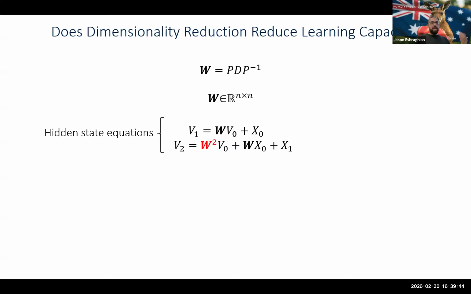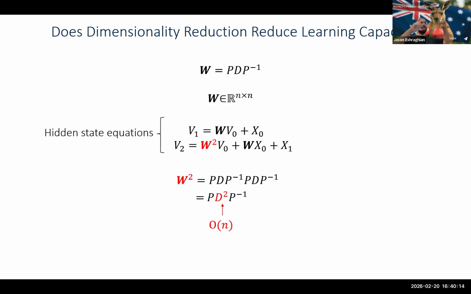If I take W squared, the term that keeps getting raised to a higher power, W cubed, W to the 4, as you increase your time steps, you're going to see PDP inverse times itself. P inverse times P results in an identity. That disappears, and I end up with P D squared times P inverse. What's the cost of multiplying a diagonal matrix by itself? That can be represented as an element-wise product, which scales linearly with time.